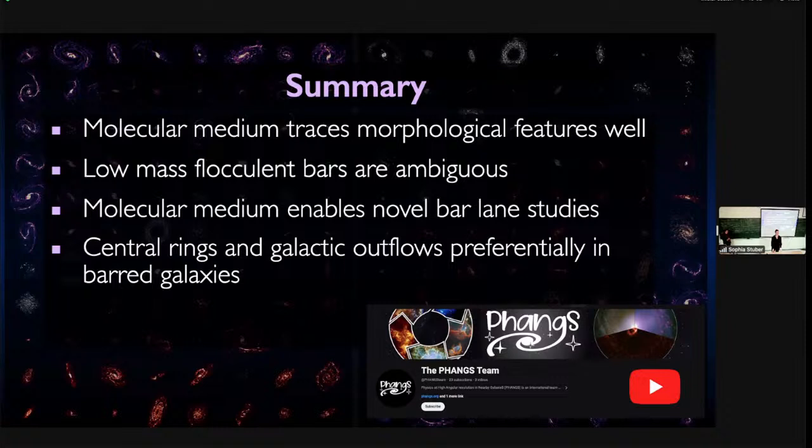I have a question. You showed a few slides later the difference between the size of the bar, the small one and the larger one. Do you think it could be a hint of the evolutionary phase of the galaxy, maybe a younger or older phase? Potentially, this is an evolutionary theme.